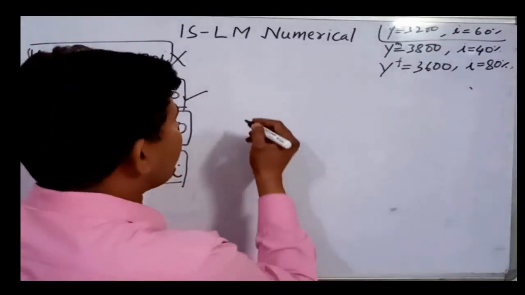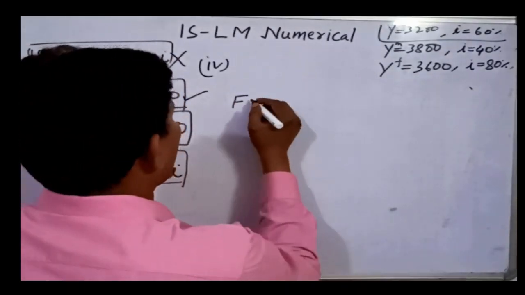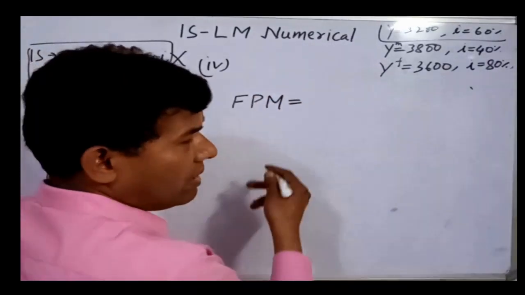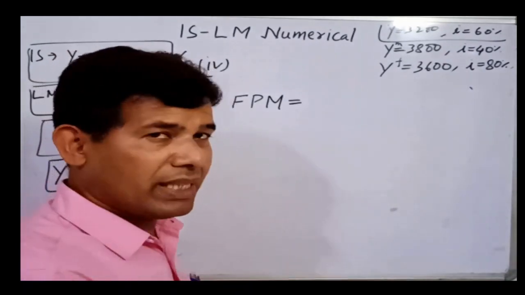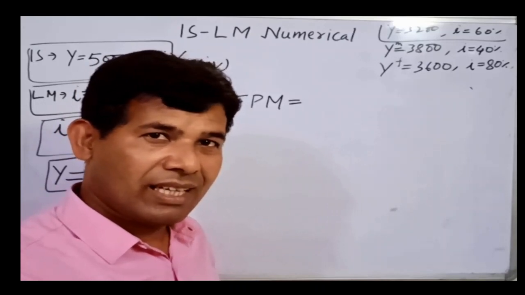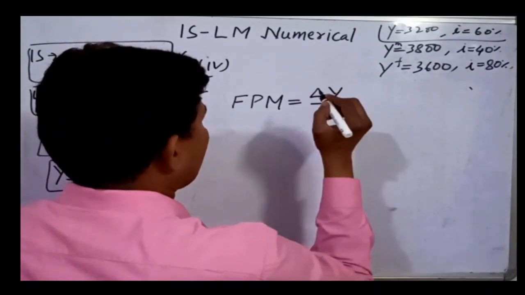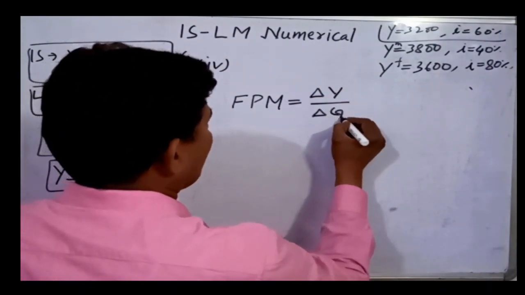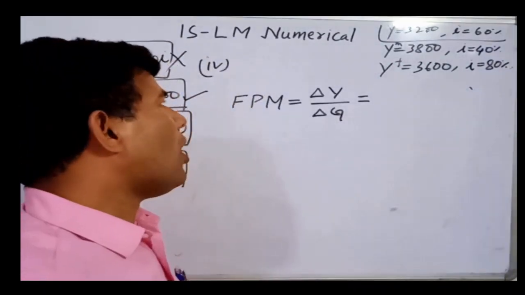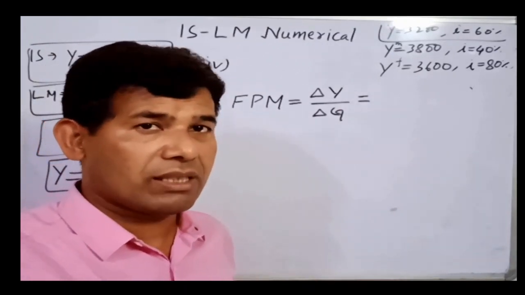What is the fiscal policy multiplier, FPM? I'm solving the fourth question here. Fiscal policy multiplier measures the ratio of change in income to change in government expenditure. So, change in income upon change in government expenditure. How much did income increase due to only an increase in government expenditure and not an increase in money supply?